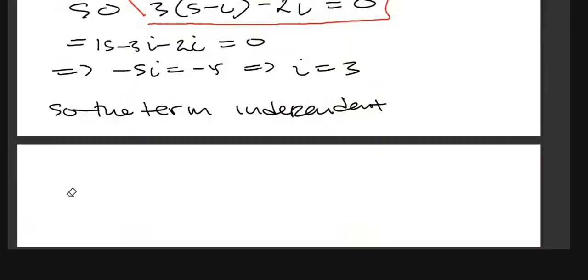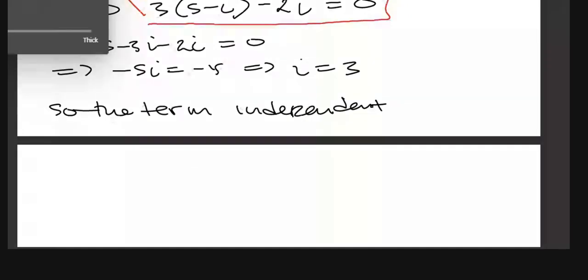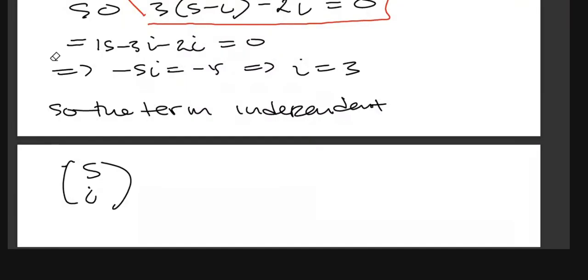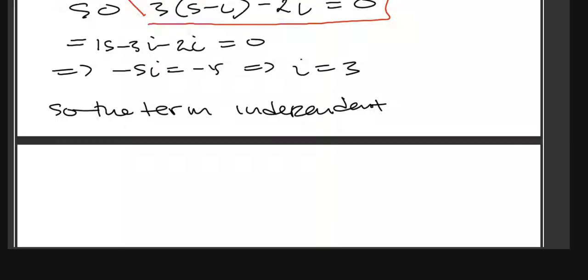Okay, the answer is still negative. The answer is going to be -10 and not 10. So you go back by saying 5 choose i, because we've already found i to be 3. So it will be 5 choose 3. So this is an independent term, it's not the coefficient. 5 choose 3.